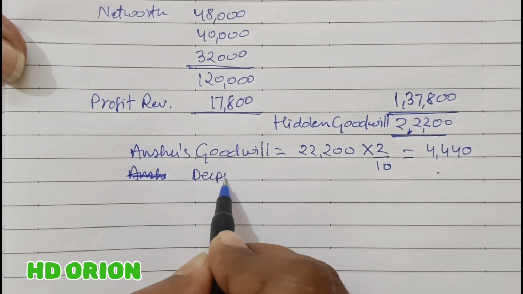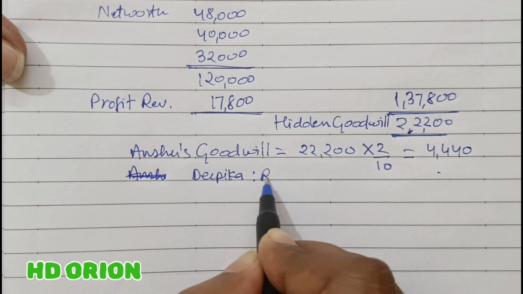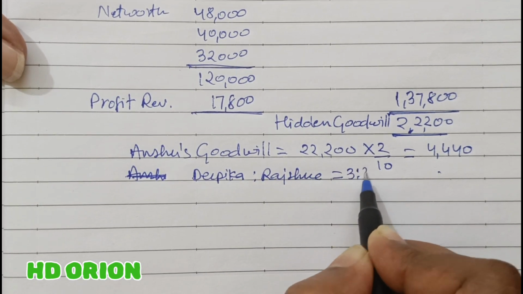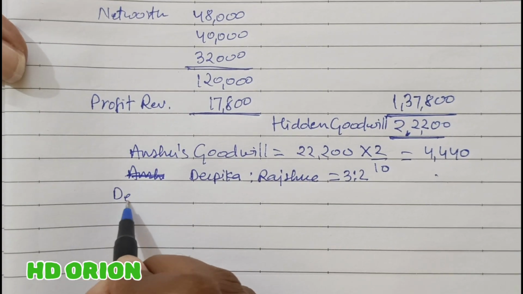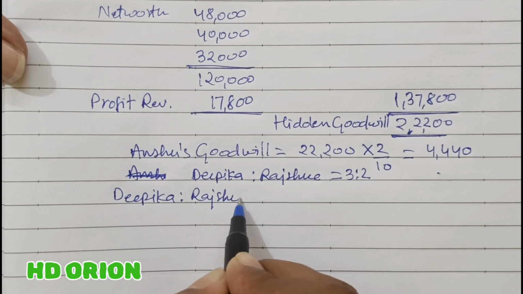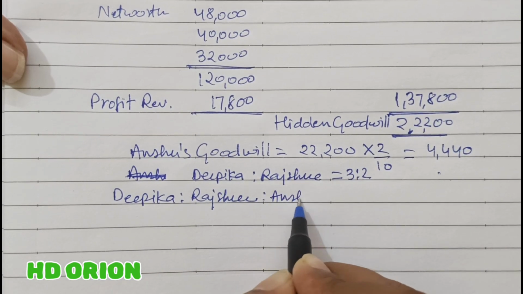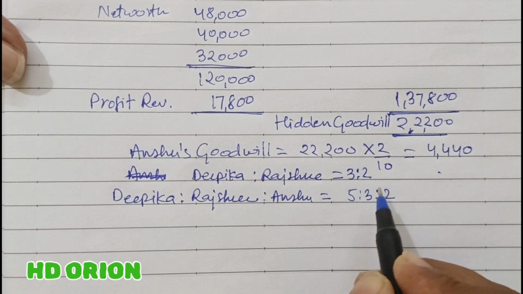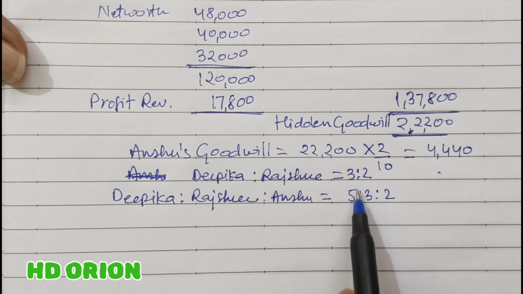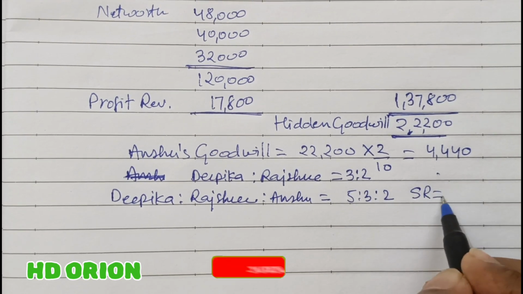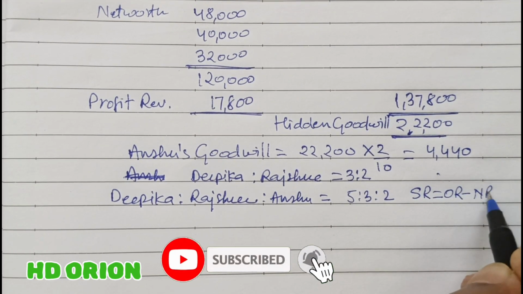Deepika is to Rajshri is equal to 3:2, and Deepika is to Rajshri is to Anshu is given 5:3:2. You see, the ratios of old partners are not the same, and as a result we have to calculate the sacrificing ratio, and we know that sacrificing ratio is equal to old ratio minus new ratio.